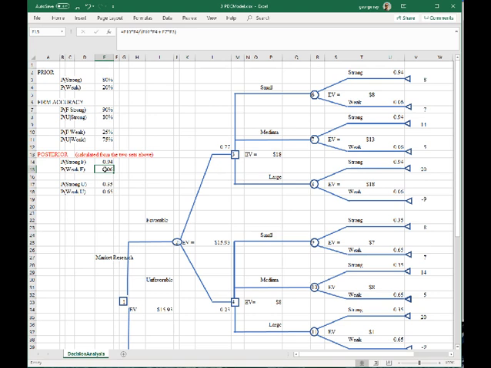So if we're looking at weak demand, then we're going to add in the probability that we get strong demand in the denominator and divide through by that. So we do that for all of these, and we come out with these branch probabilities: 0.94 or 94% strong, 6% weak, given a favorable report.